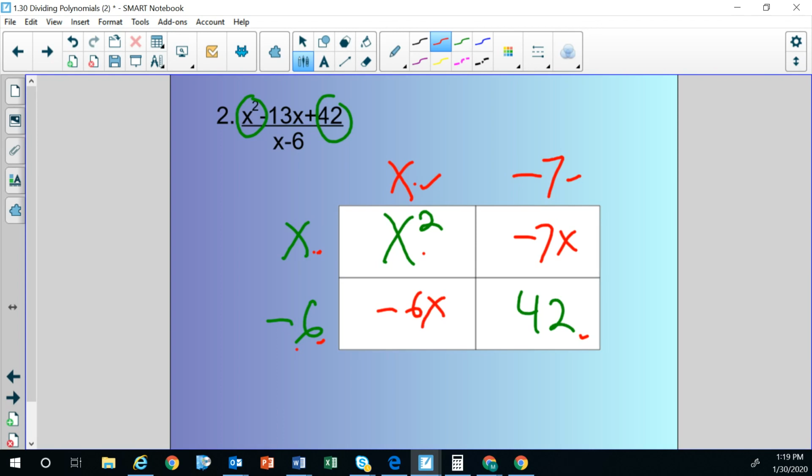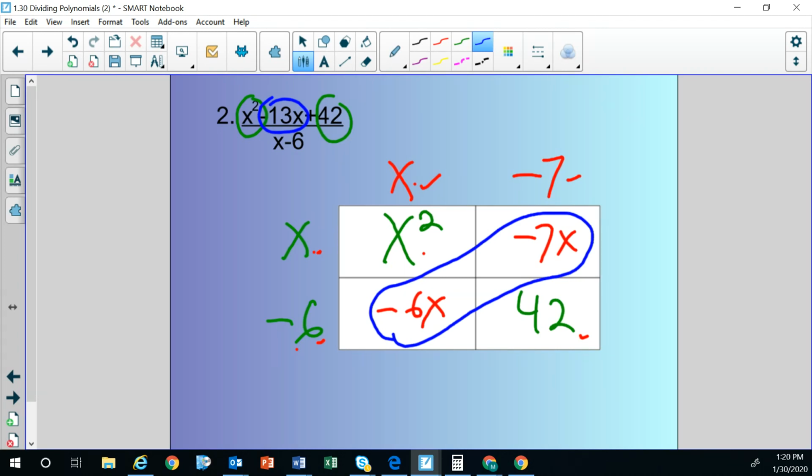And if you want to verify if this is correct, if you add these two like terms, which is negative 6x and negative 7x, you will get a negative 13x. So that's how you know your answer is correct. So this is kind of a similar setup for when we multiply. All right.